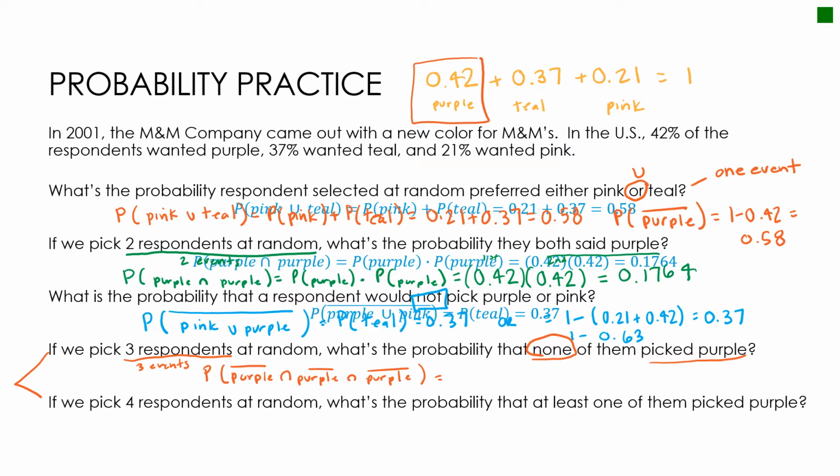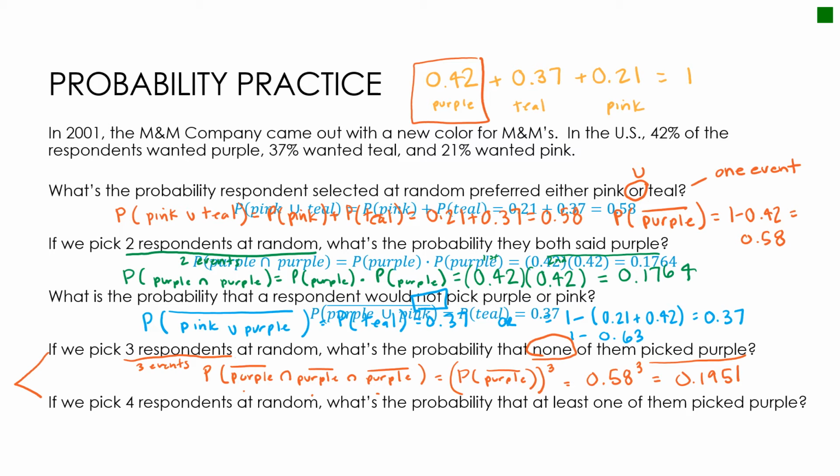But essentially what I can do is take the probability of not purple and take it to the 3rd power because it's happening 3 times, 1, 2, 3. So in this case, I can say 0.58 to the 3rd, which is 0.1951.